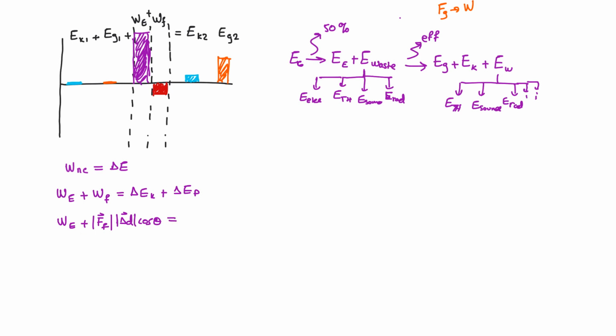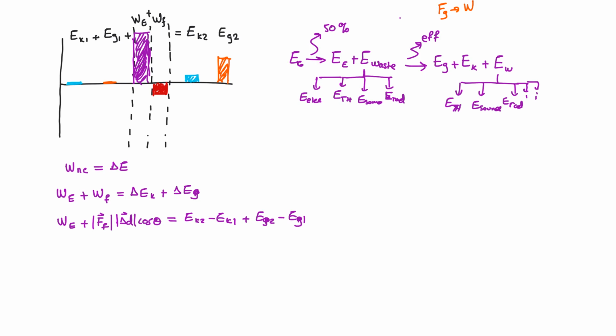And that's going to equal EK2 minus EK1, which is the change in kinetic energy, plus EP2 minus EP1, which is the change in gravitational potential energy. Sometimes I'm interchanging P and G. In this case, the potential energy is coming from gravity, so I'm going to change this to G, G, G, the gravitational potential energy. Good.